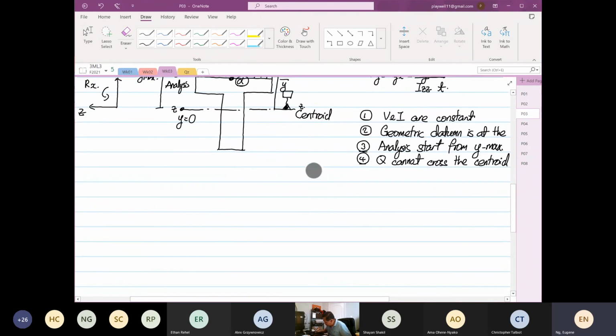Now, what will happen now? Same diagram, and then we have our ZZ.